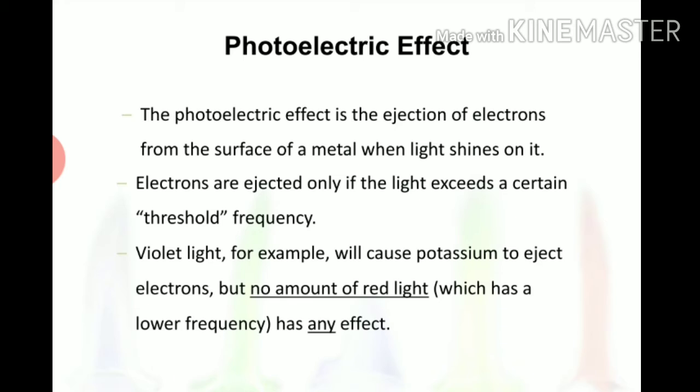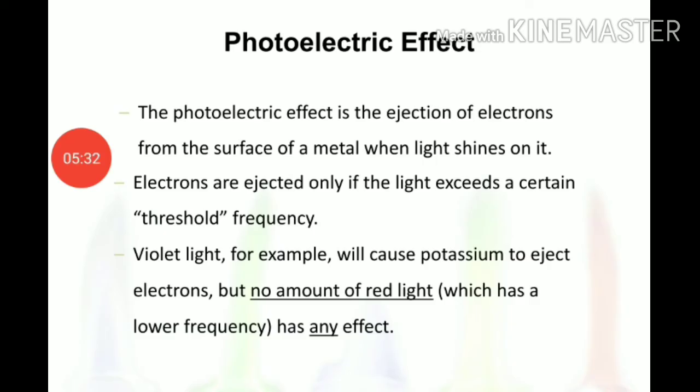For example, violet light can cause ejection of electrons from potassium, but red light has no effect, because red light has a lower frequency than violet light.